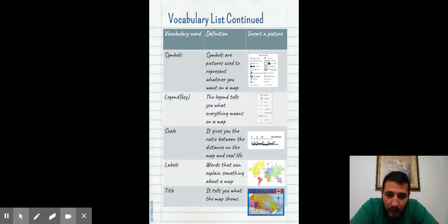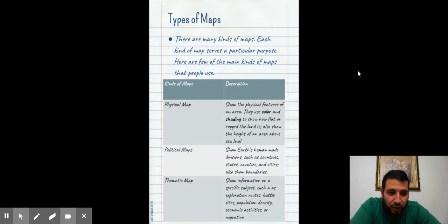The labels are actual words in a map. Usually the ones that have a bunch of labels are political maps because they have names of cities and names of rivers and names of mountains. But you get the idea. And the last one, the title. So this is going to be a short presentation.